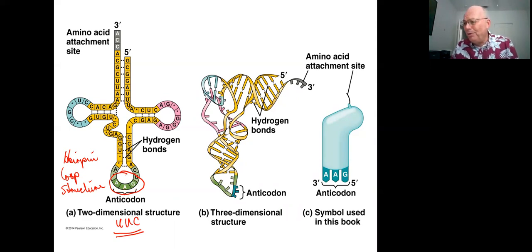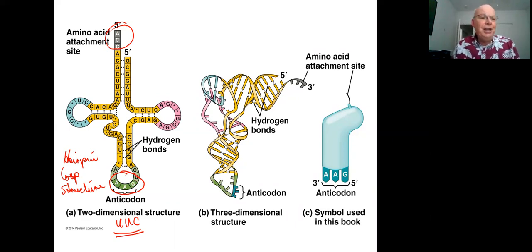Now, why that's important is because at the other end of the tRNA, there's this sequence of nucleotides to which an amino acid is going to be attached by an enzyme that recognizes the particular amino acid and attaches it only to a tRNA that has the anticodon that would bind to the codon for that amino acid.